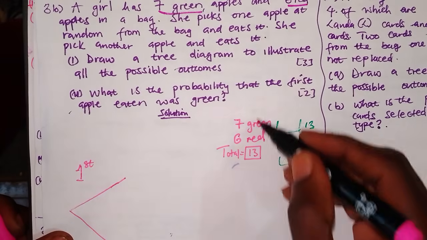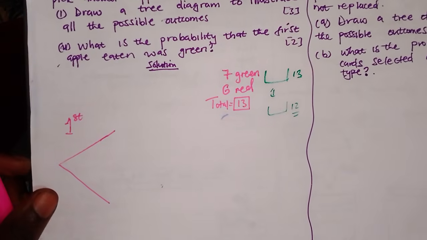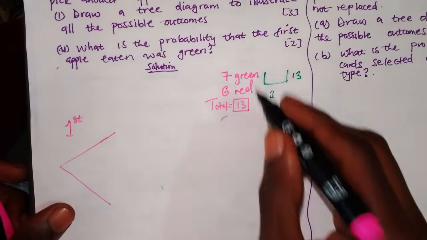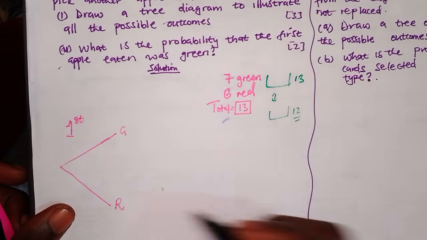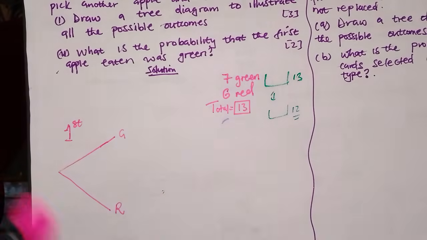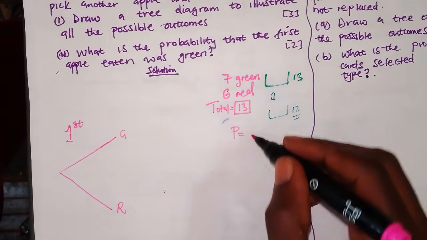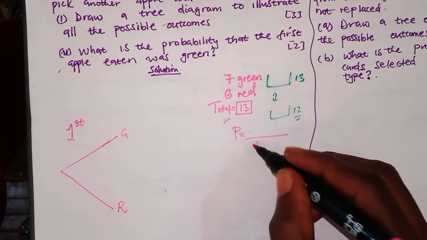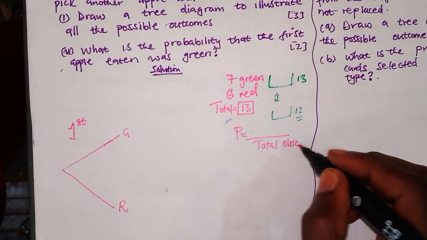So we only have 2 options. So you need to follow. So you only have 2 options, green and red. So you say green and red. Yeah. So if she picked green, what could have been the probability? Remember, we said that how we calculate the probability is the total number of outcomes should be the denominator.